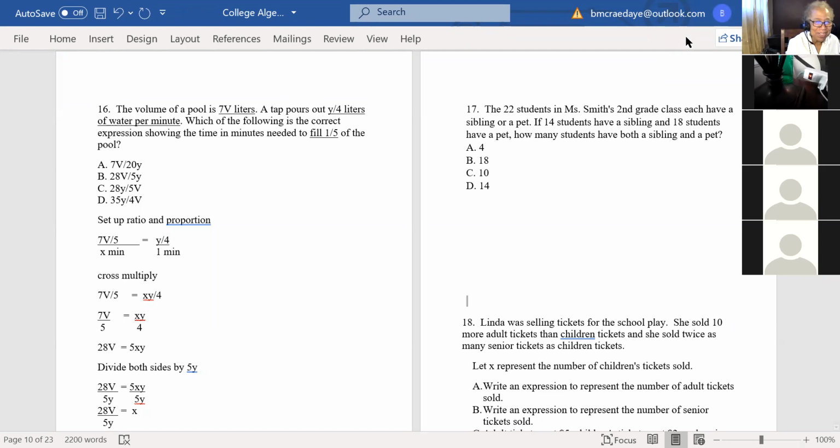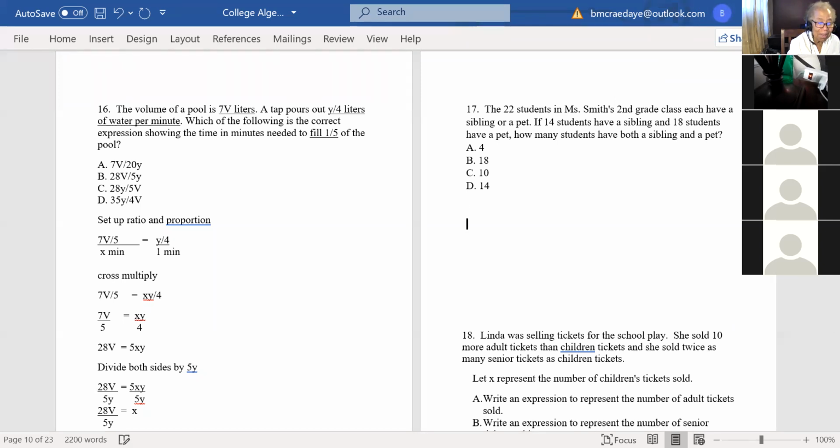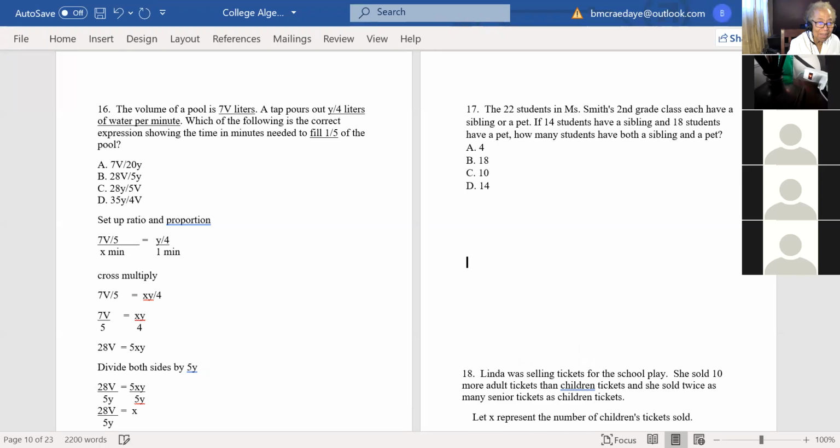Audrey, what did you do? B. What did you get, Audrey? You got 18? How did you get 18? Oh, you're talking about 17? Number 17. Oh no, I got 4. I said 4, Miss Barbara. I was trying to work it out.